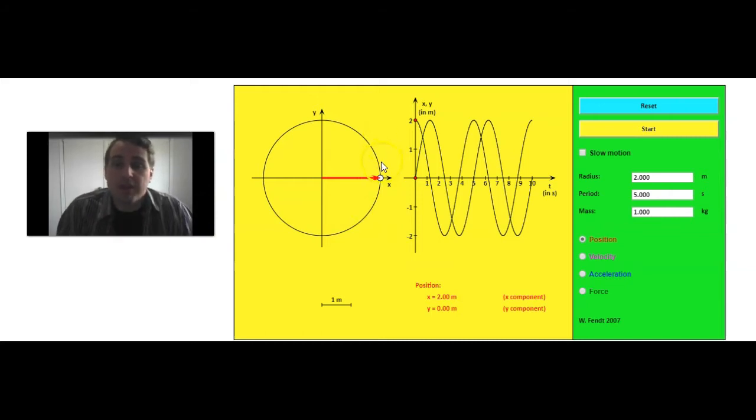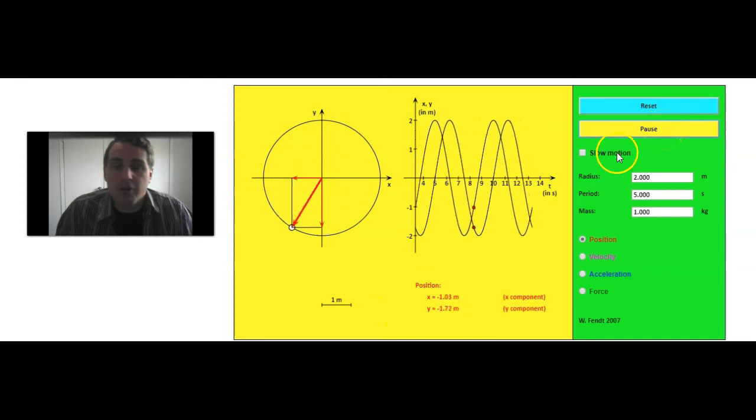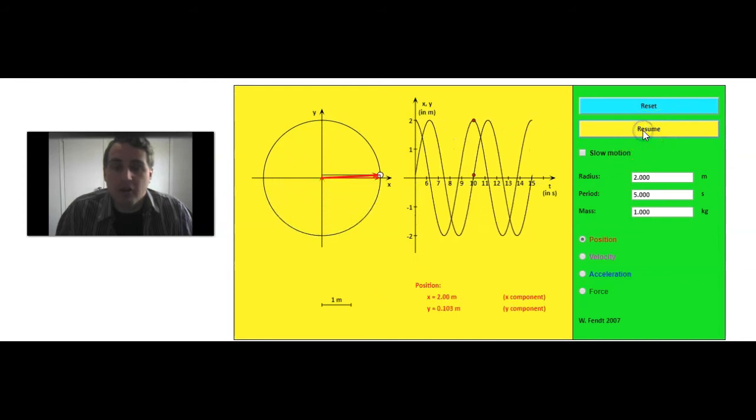In fact, when this thing starts in uniform circular motion, you'll notice that the position started at a maximum for x, and the position in y started at 0. That's because the x component here is going to mimic a cosine t function, and the y component is going to mimic a sine t function.